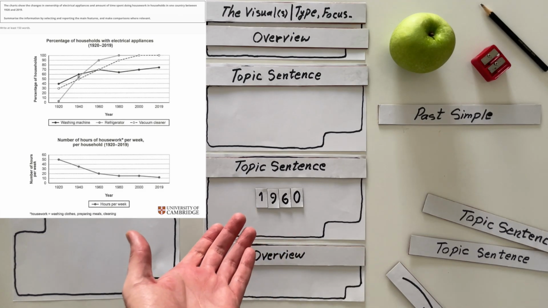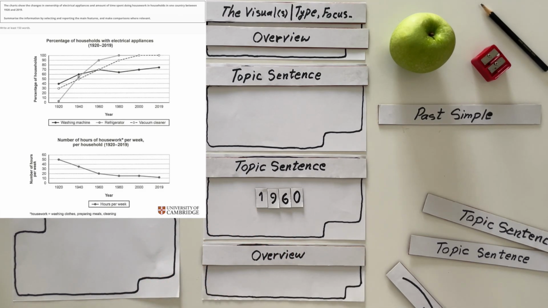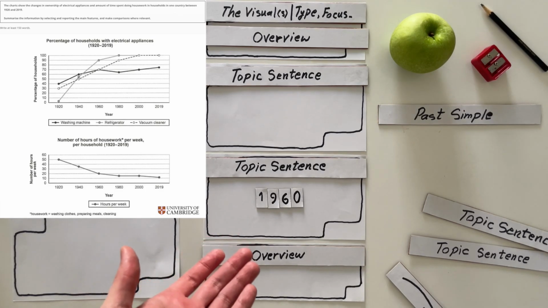Because before 1960, as you can see, we had a steady and kind of significant drop in the past 40 years. So from 1920 to 1940, it went down from 50 to almost 35. Then from almost 35, it went down to almost 20. So 15 points reduction in each year.